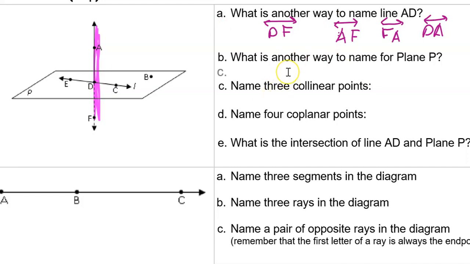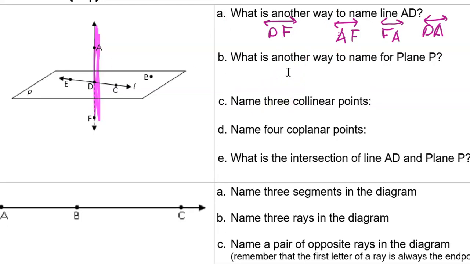What is another name for plane P? They used P because P is the cursive letter that's being used to name it. And then remember that we could use any 3 non-collinear points.